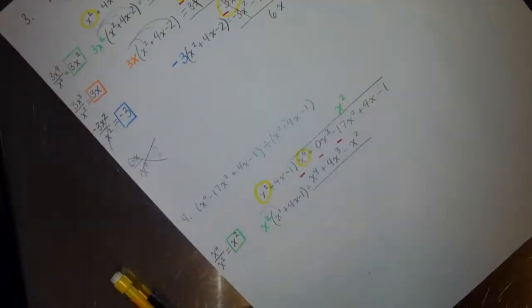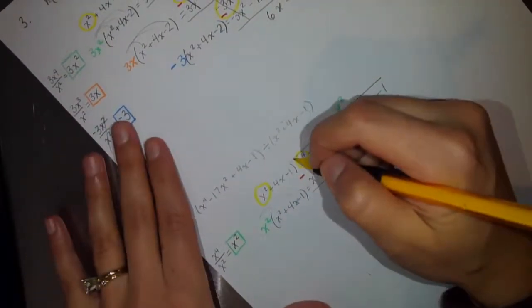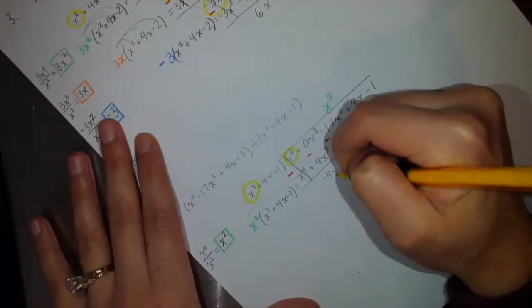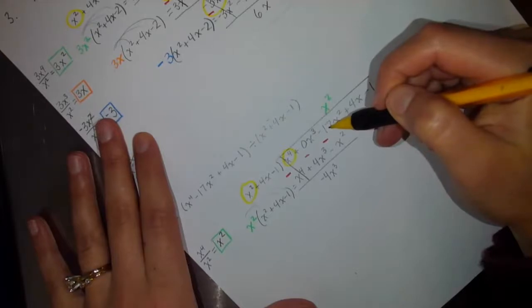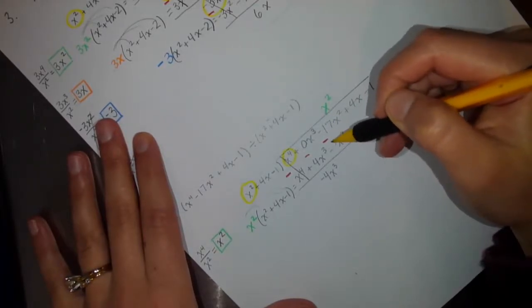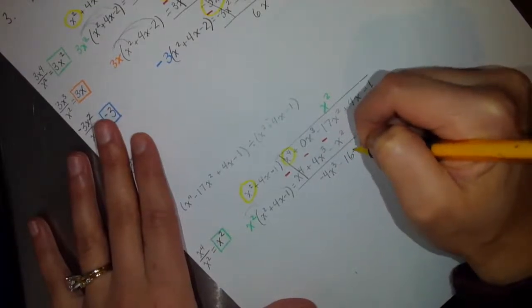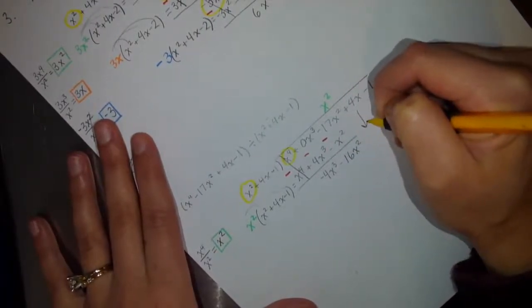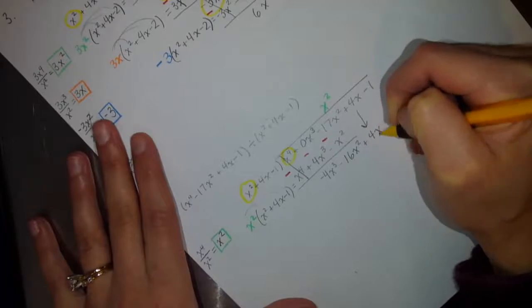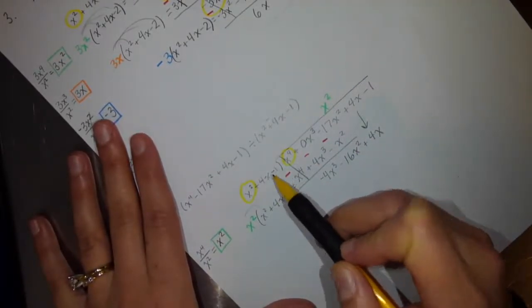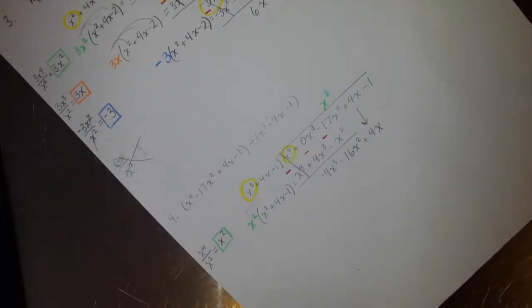So this will always cancel. 0 minus 4 is a negative 4. Negative 17 minus negative 1, so it becomes like a plus 1 to get negative 16x squared, and we bring down the next term. So making sure I maintain 3 terms here because I'm dividing by 3 terms.